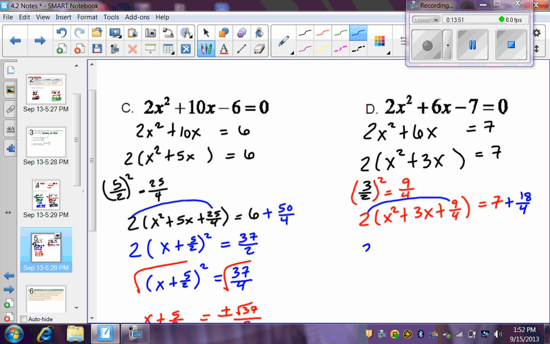This is a perfect square trinomial, so that's going to factor to 2 times (x plus 3/2) squared equals, if you type this in your calculator and convert it back to a fraction, that gives you 23 over 2. Divide by 2 on both sides, so I have (x plus 3/2) squared equals 23 over 4.